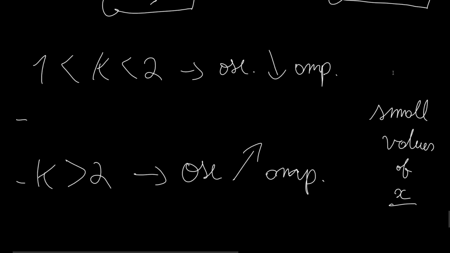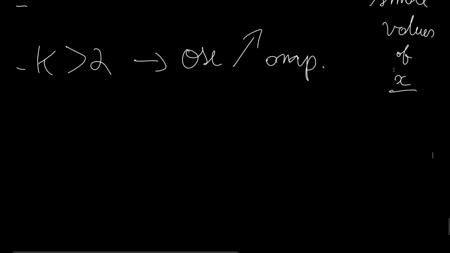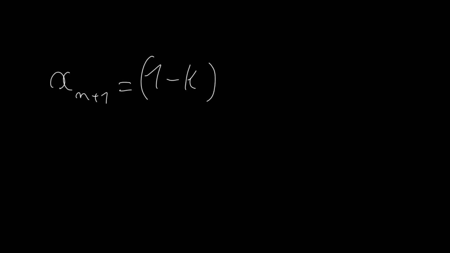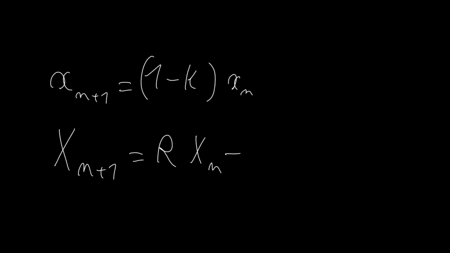Okay. One final thing to note is that if you compare the equation of the departure, xn plus 1 equals 1 minus k times xn, with the recurrence relation that we reached at the beginning of the video, which is xn plus 1 equals r xn, you'll remember that the solution to this equation was xn equals r to the power n minus 1 times x1.